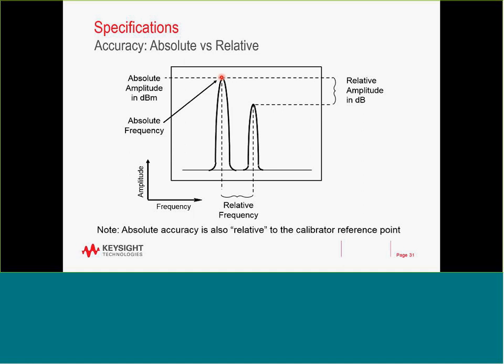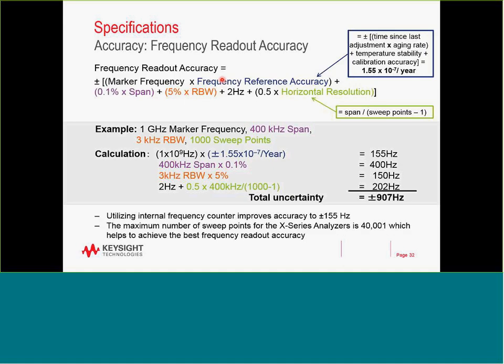It's just relative to the calibrator signal. And the calibrator signal is at 50 megahertz, and you might be measuring at 18 gigahertz. In that case, if you're measuring a signal between 18 and 18.001 versus measuring a signal at 18 versus a signal at 50 megahertz, then the uncertainty will be bigger with the absolute measurement.